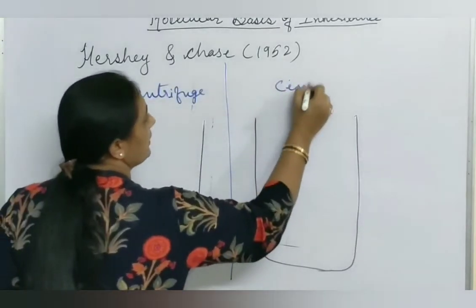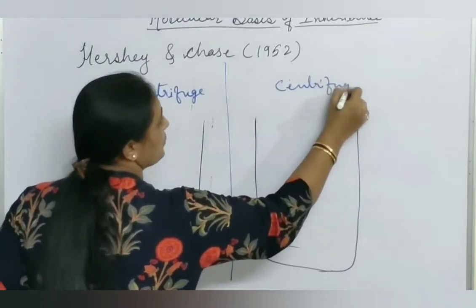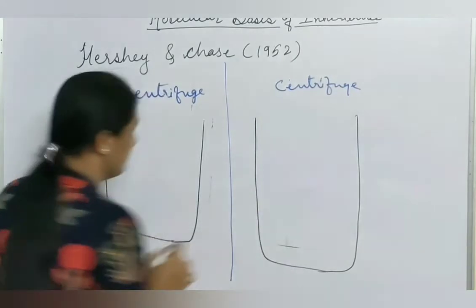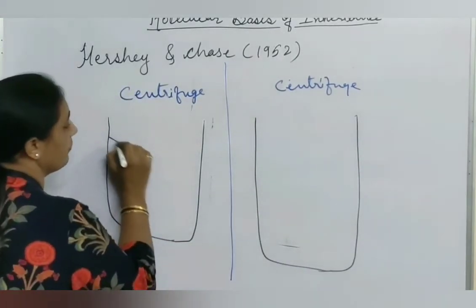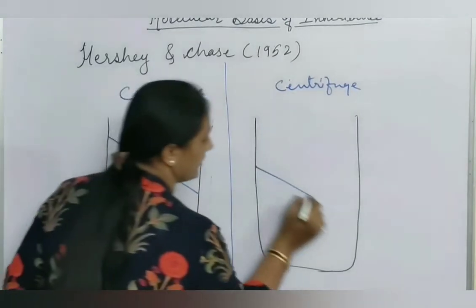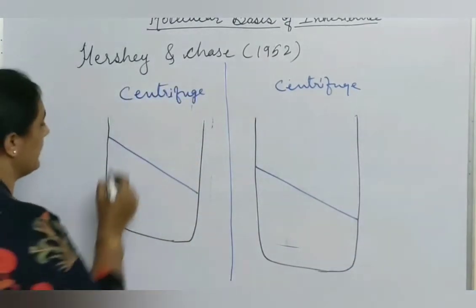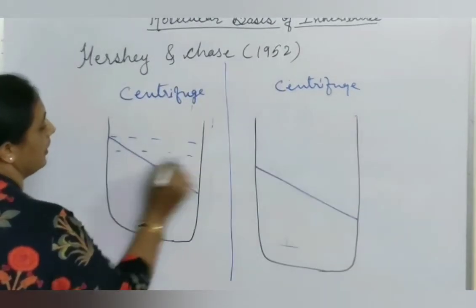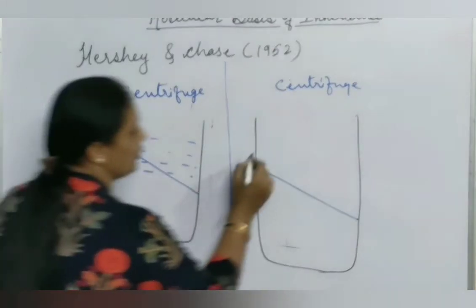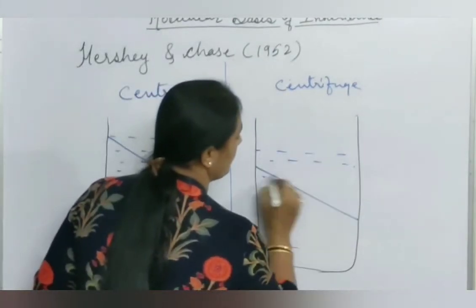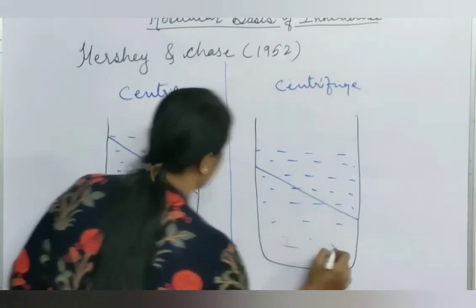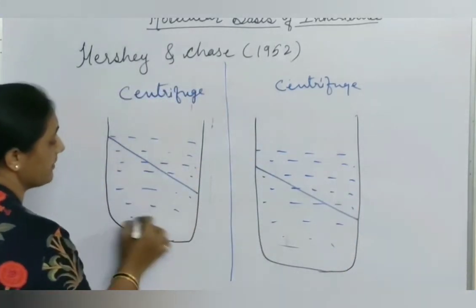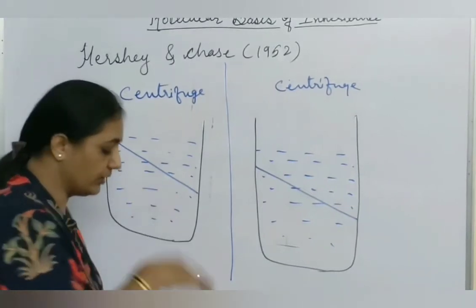During centrifugation, when we centrifuge a mixture, we get two layers, upper layer and lowermost layer. Here they found these two layers, that is supernatant and pellet. Pellet means the material which remains in the bottom part.